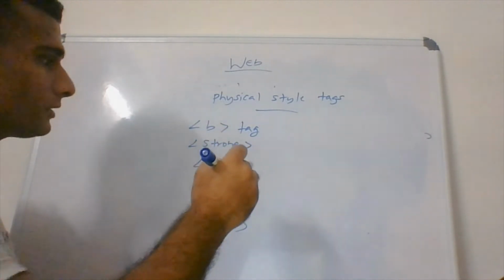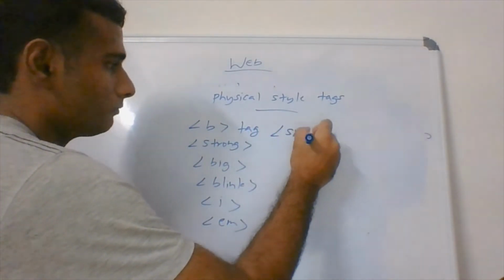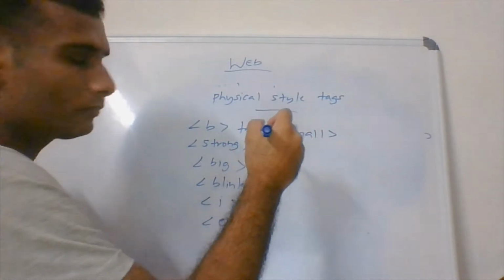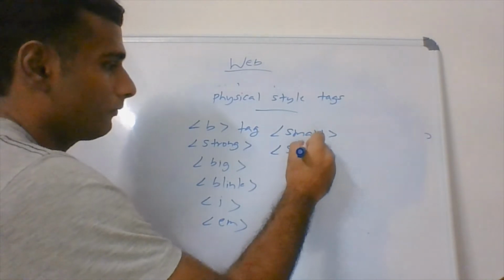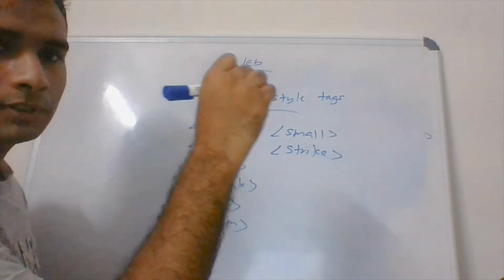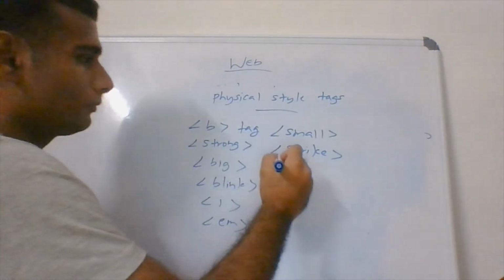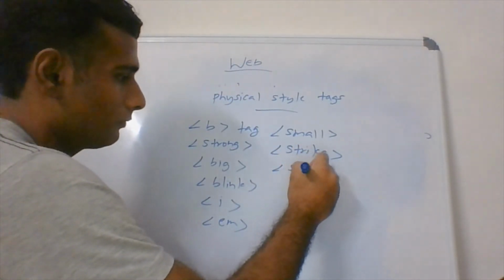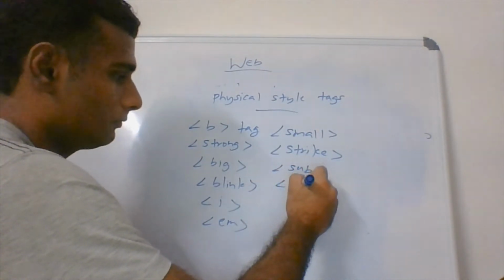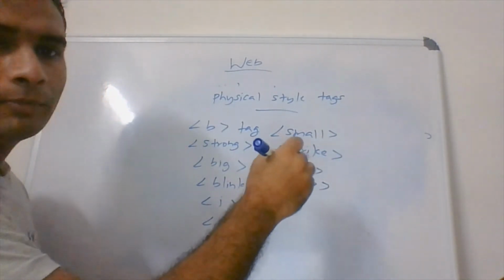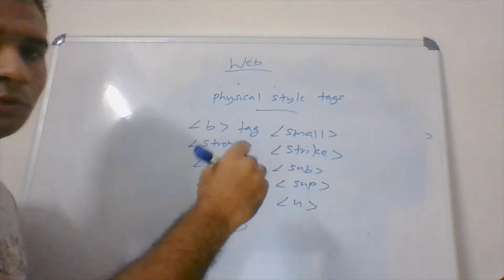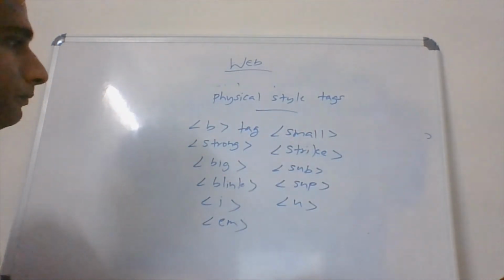EM for emphasized text. Small for small text. Then we have strike tag, which will strike out the text. Then we have sub for subscript. SUP for superscript. U for underline tag.